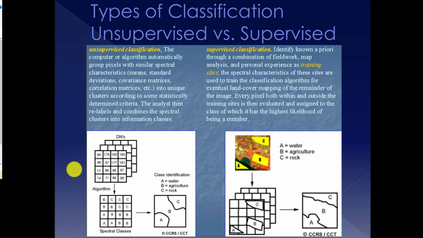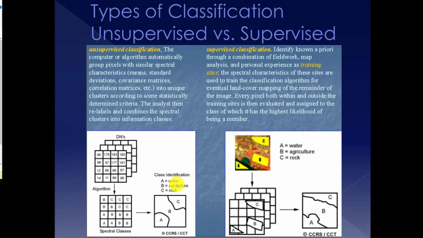And when we say spectral characteristics, we're talking about means, standard deviations, covariance matrices, and correlation matrices of our digital numbers. Input here is shown by different numbers in different bands for one image. The algorithm says, I am going to put all of these pixels that you see as B into the B spectral class, and we have an A spectral class and a C spectral class.